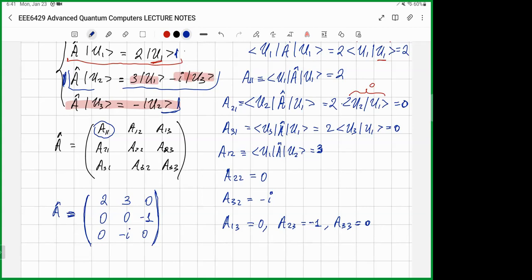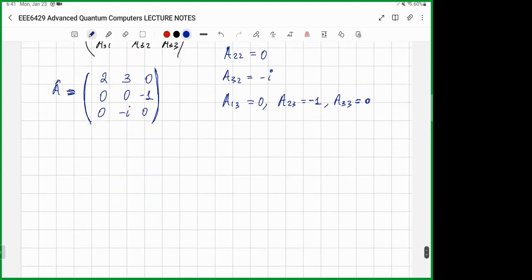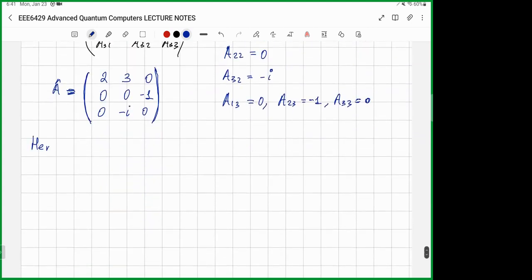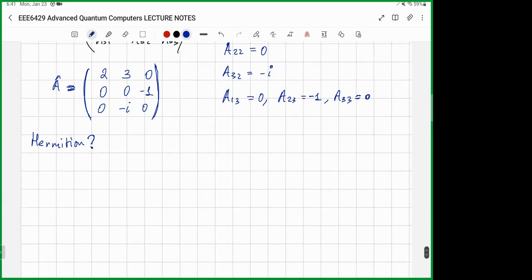Let's check if this matrix is Hermitian. So what is Hermitian? You remember that the matrix is Hermitian if it coincides with the Hermitian conjugated matrix.